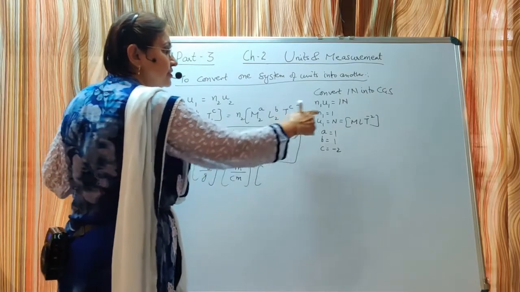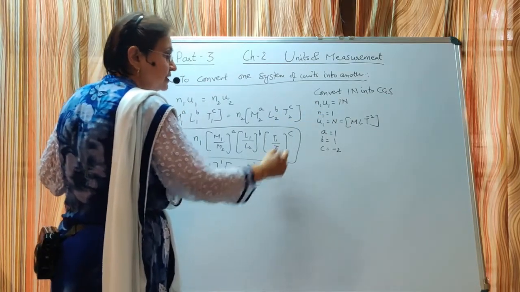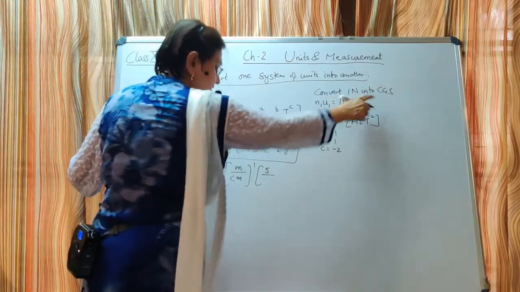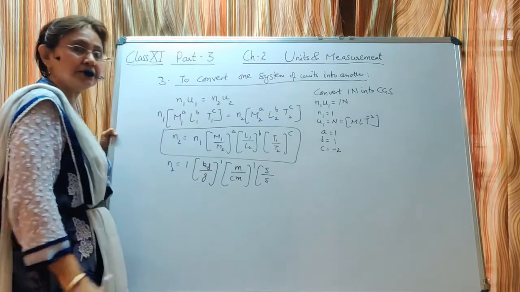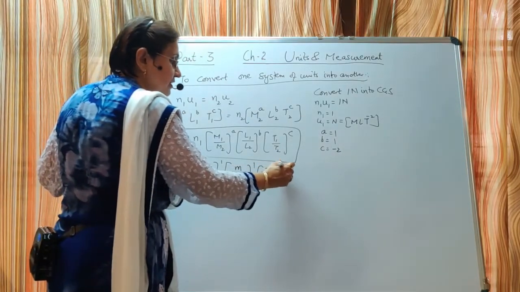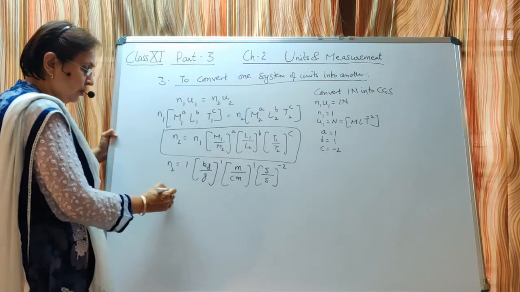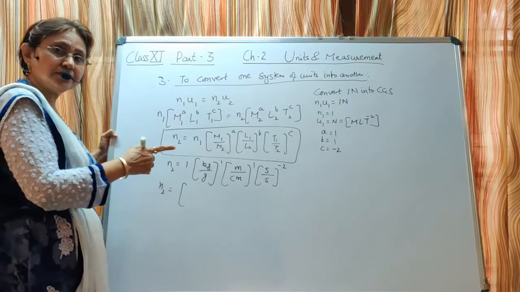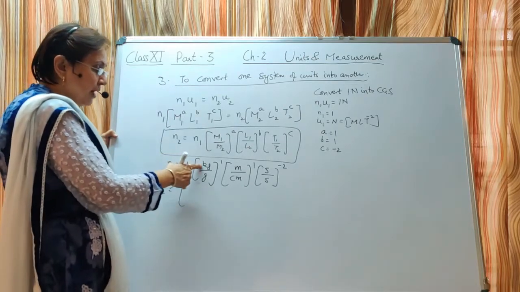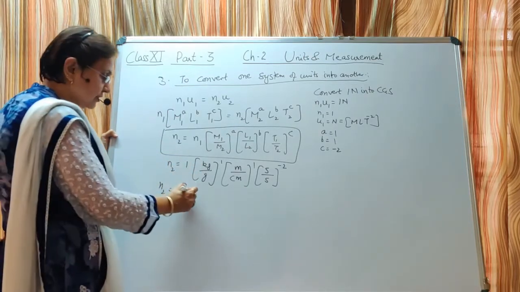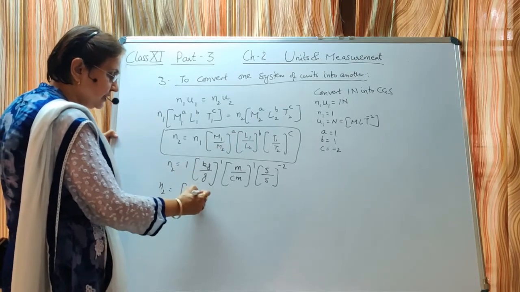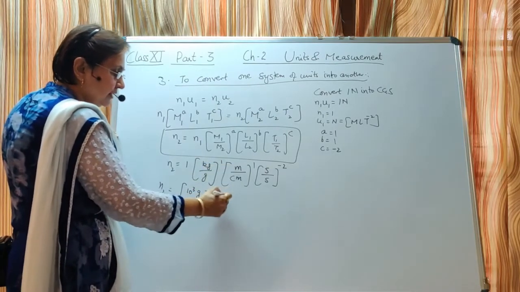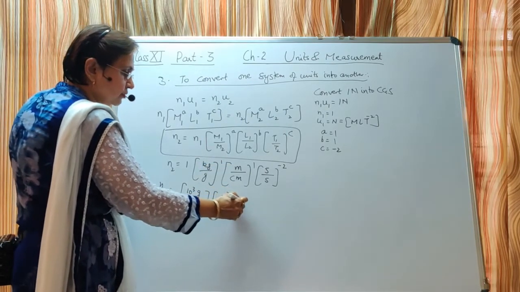T1 in the first system is seconds, that is in the SI system. The unit of time is seconds, and in the CGS system also the time is measured in seconds, raised to the power C. C here is minus 2. Now convert it, either kg into grams or grams into kg, whichever you find convenient. 1 kg is equal to 1000 grams, so we can write it as 1 kg is 10 raised to the power 3 grams. 1 meter is equal to 10 raised to the power 2 centimeters.